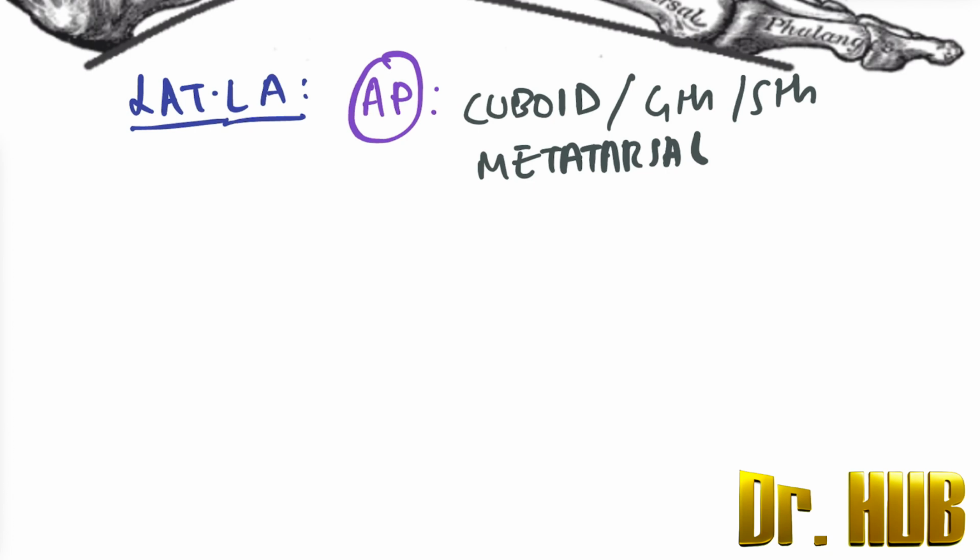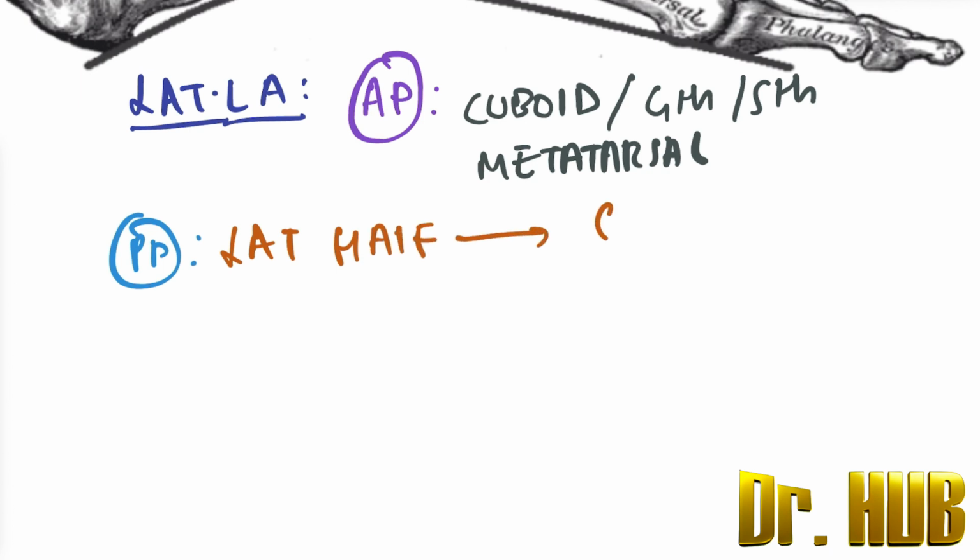Next, we look at the posterior pillar. In the posterior pillar, there is the presence of the lateral half of the calcaneum.